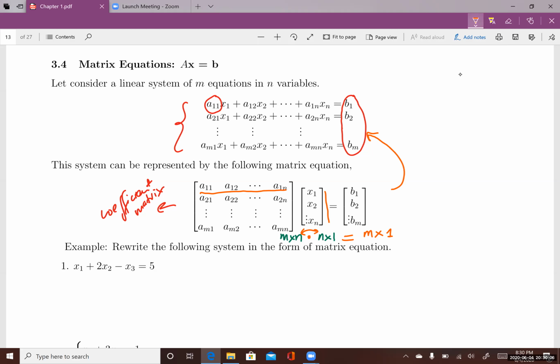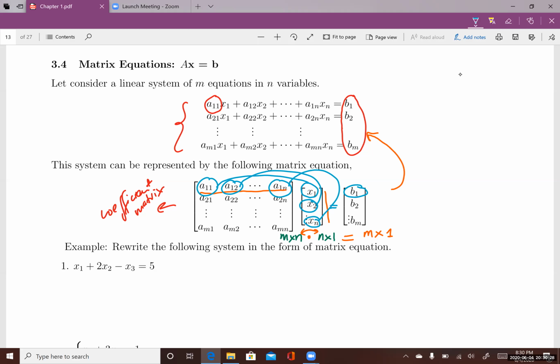You will get A11 times X1, plus A12 times X2, plus A13 times X3, and so on, plus A1n times Xn equals B1.